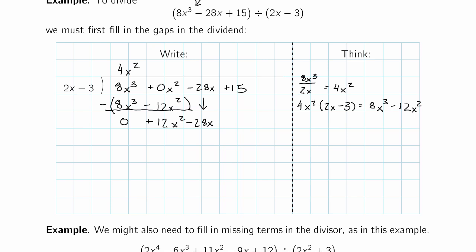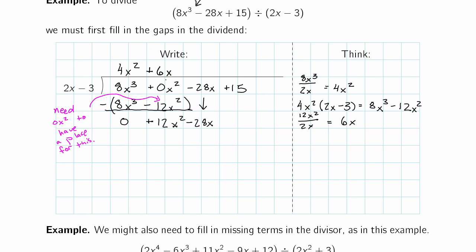Okay, now notice, if we hadn't had this 0x squared here, there would have been nothing to write the negative 12x squared under. We would have had nowhere to put that, and so we wouldn't have been able to proceed with the long division. All right, next, we divide again. 12x squared divided by 2x is going to give us 6x.